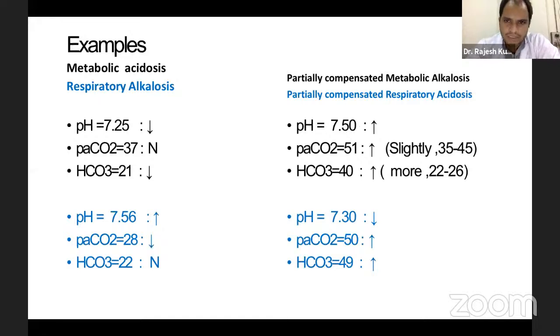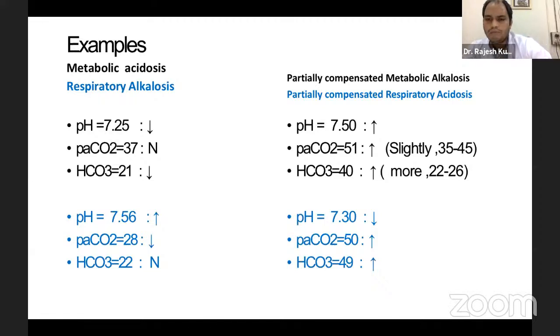These are some examples of partially compensated metabolic acidosis or respiratory alkalosis. There are 4 examples you can see here. First is metabolic acidosis. You can see here pH is 7.25, PaCO2 is normal and bicarb is in a decreasing trend, which means it is just a metabolic acidosis. Now the second example is respiratory alkalosis.